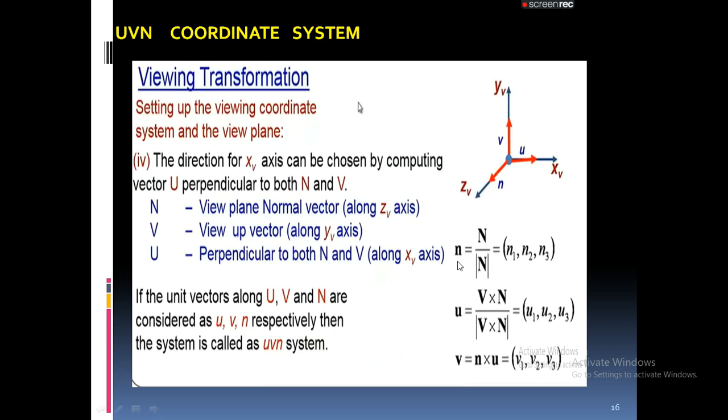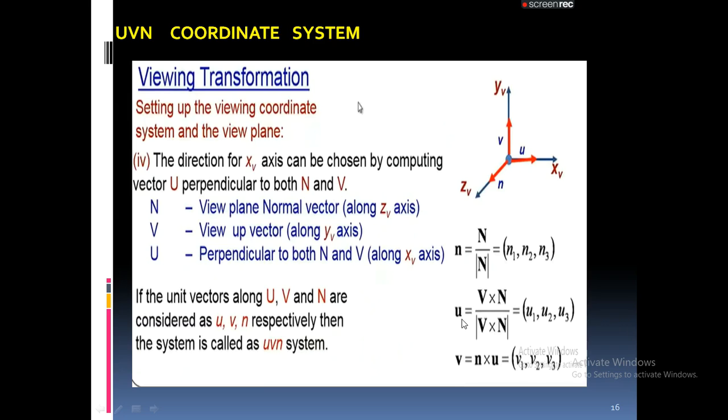So how to get N? How to get U? How to get V? We are using the cross product formula here. First I will explain U. U is the x-axis and the x-axis value I can represent as U1, U2, U3.